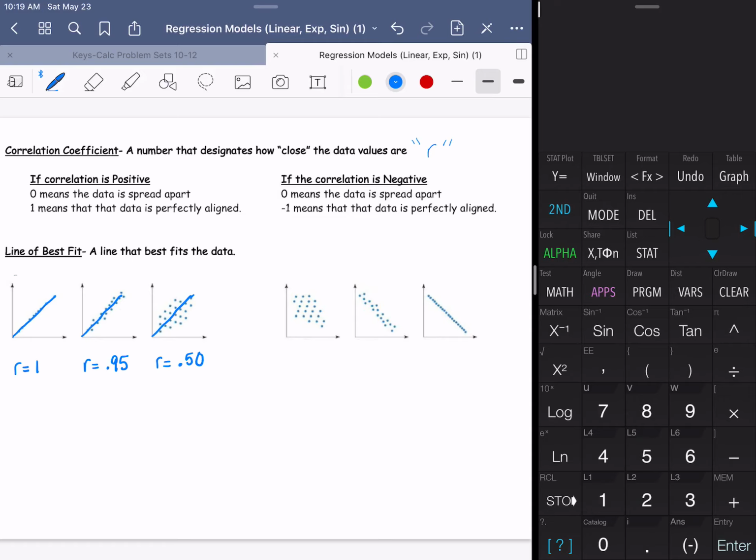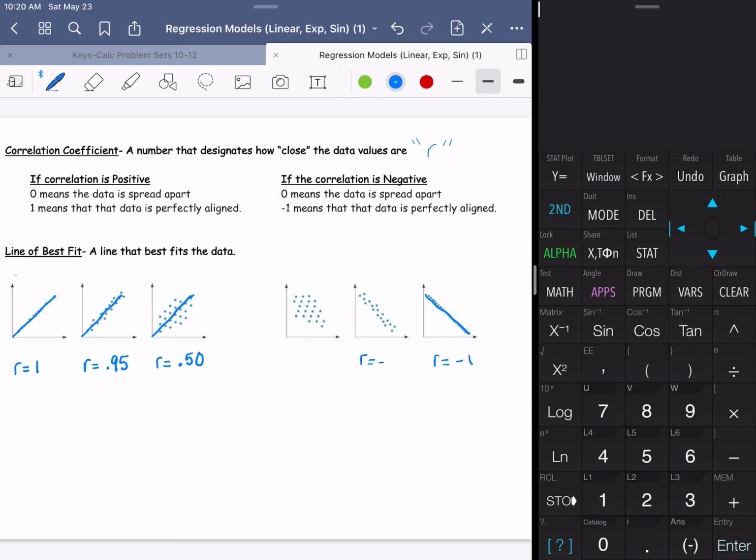It's not perfect. These are the same kinds of values, except going in a negative direction here. These would have a negative correlation, and you can use the same numbers. If I draw the line of best fit, this goes perfectly through them, but now I say it's -1.